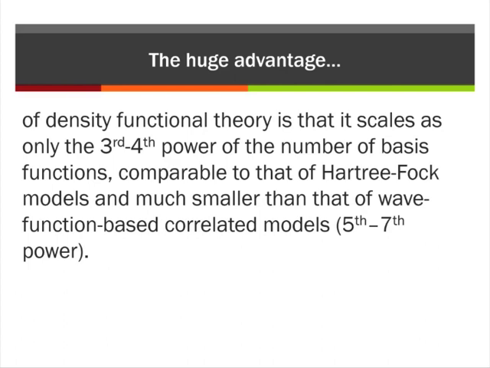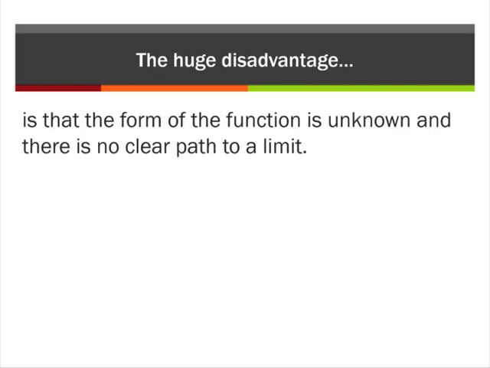In principle, it will scale as the third or the fourth power of the size, whereas these good wave function-based methods I was talking about will scale as the fifth, sixth, seventh, and higher powers. And so really, very many orders of magnitude easier.